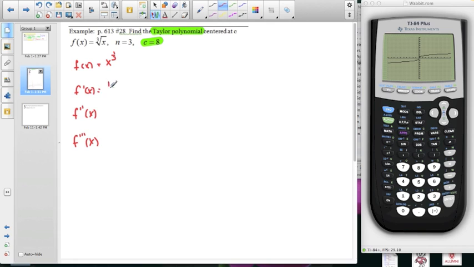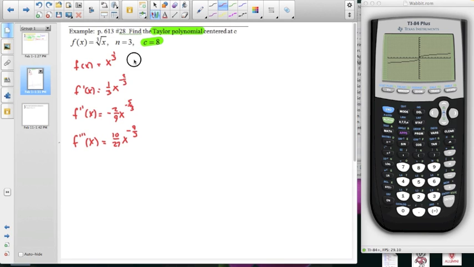So the first derivative is 1/3 x to the minus 2/3. The next derivative is minus 2 over 9, x to the minus 5/3. And the next derivative after that is positive, because we have negative times negative, 10 over 27, x to the minus 8/3.